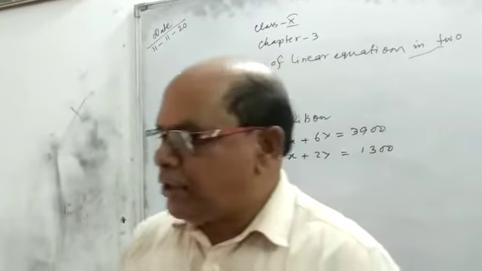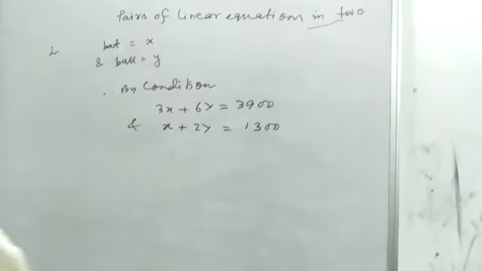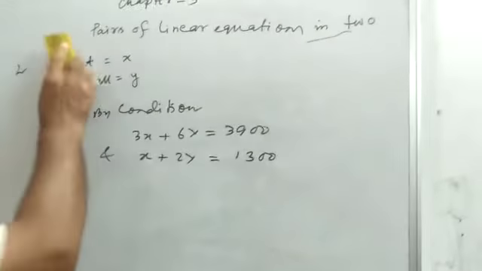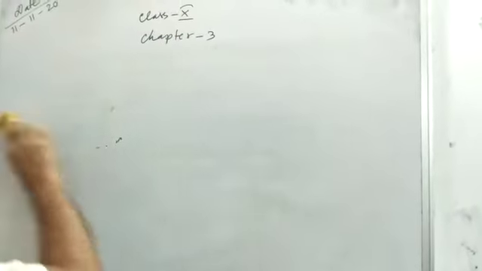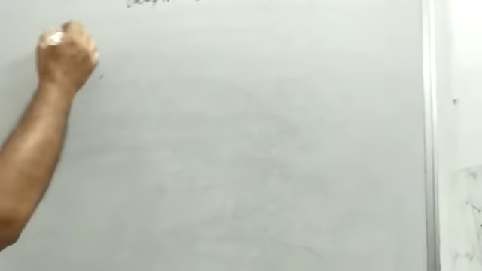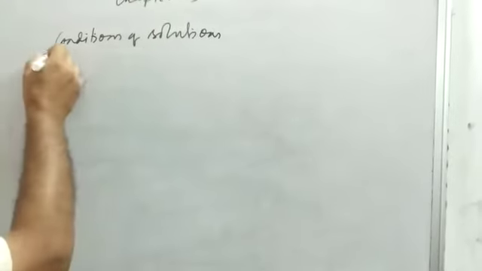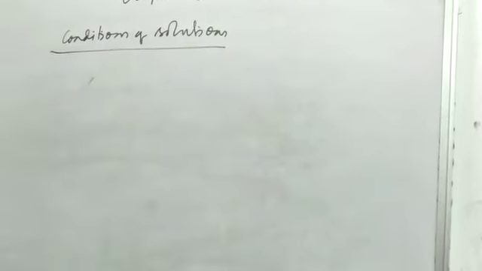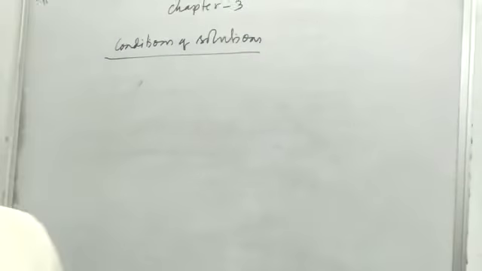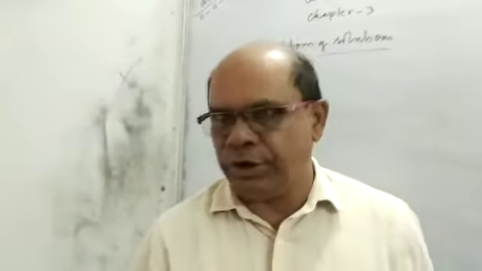So then the next exercise we will start, but before starting this exercise, here is one headline: conditions of solutions. This you have to know. Now you will learn how to solve the equation.